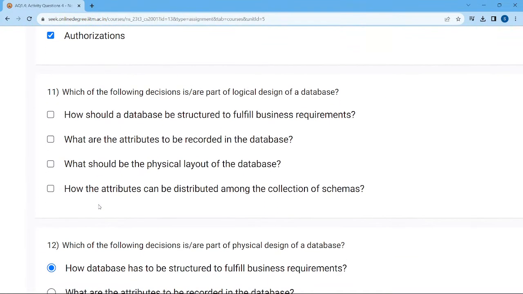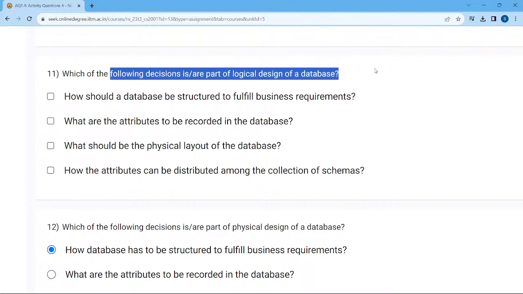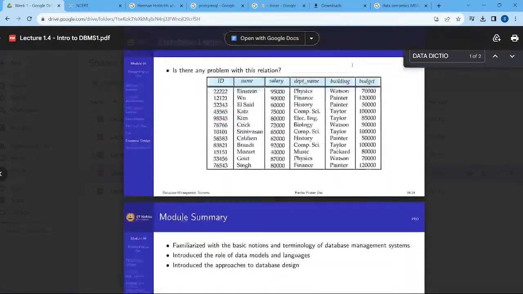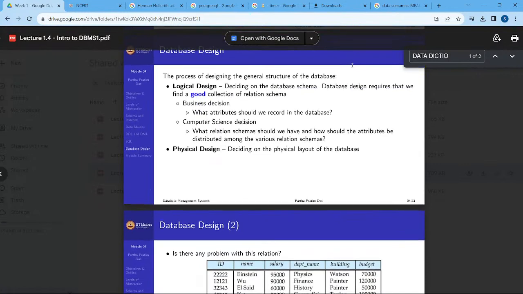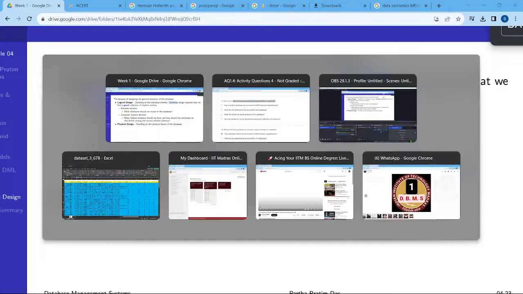Which of the following decisions are a part of logical design of a database? Logical design. Deciding on database schema. Database design requires that we find a good collection of relational schema.